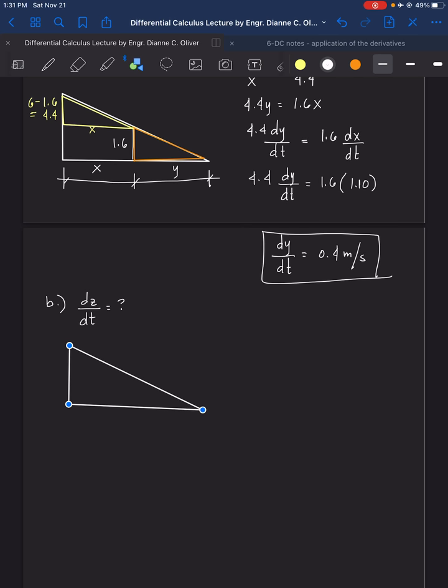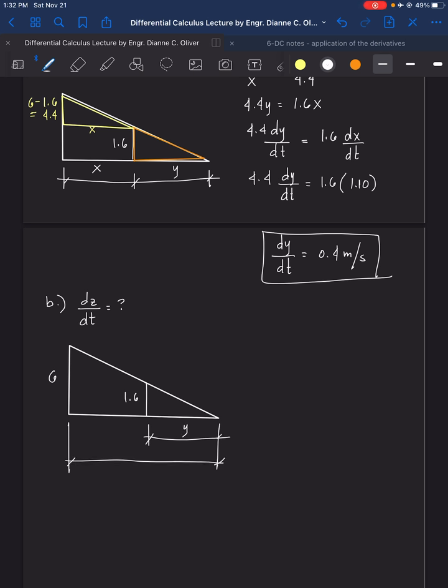So using the similar triangle theorem, what can we use here? So this is 6 meters high, then this is 1.6 meters high. So therefore, if this is y, and if this is z, therefore, what triangles are we going to use as similar?